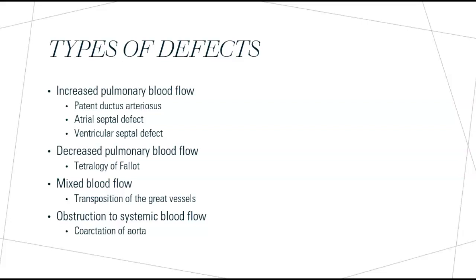So the increased pressure on the left side of the heart causes some blood to be pushed back to the right side of the heart. And then that increased blood on the right side of the heart is then moved to the lungs. So we'll actually talk about all three of the increased pulmonary blood flow defects.